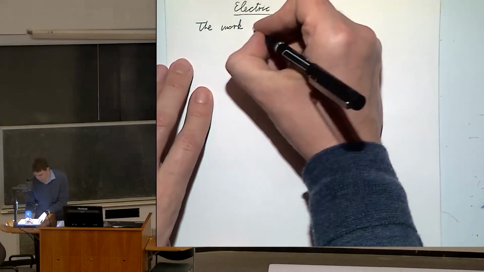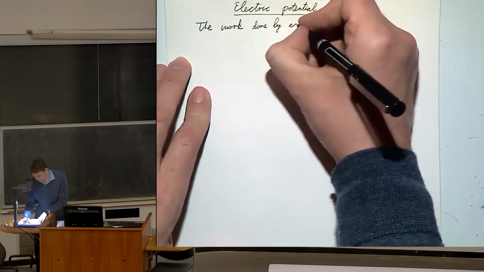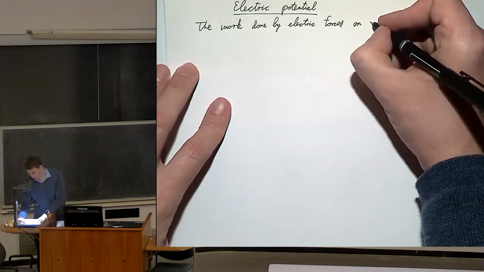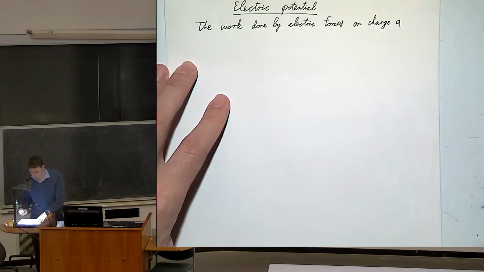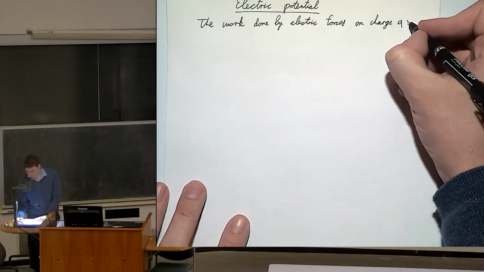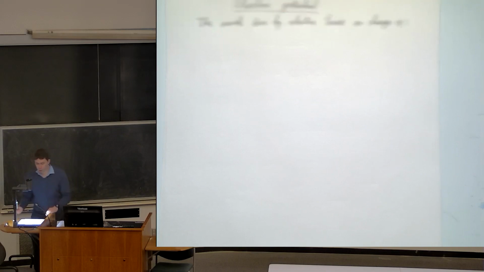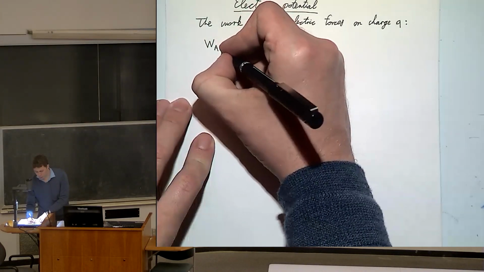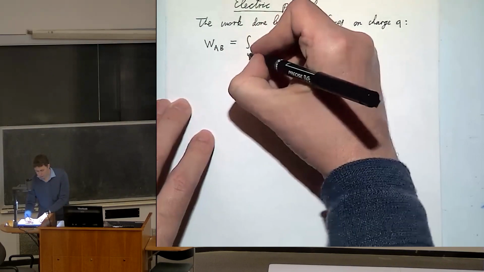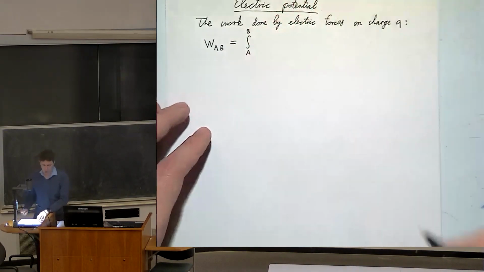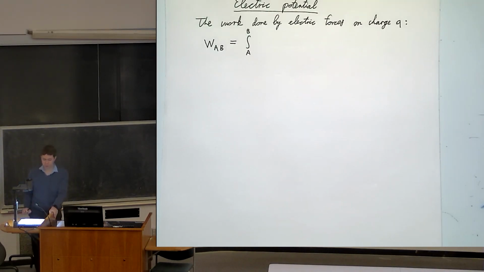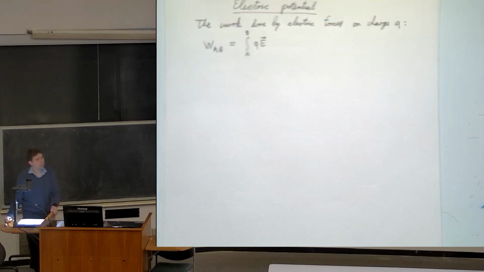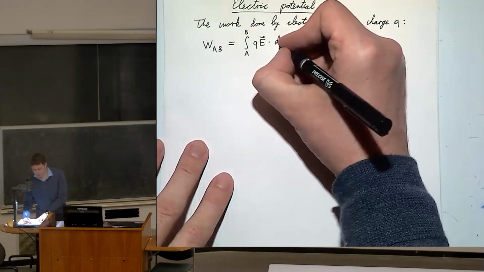So the work done by electric forces on charge Q. When this charge Q moves from point A to point B, the electric field does the work WAB equal to the integral, which is an infinite sum over infinitesimal displacements of that charge, of the force acting on that charge, which is QE, multiplied by the displacement dr.